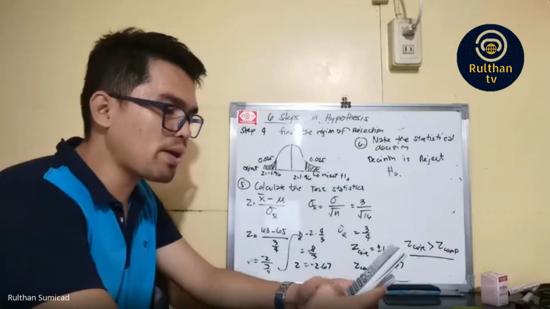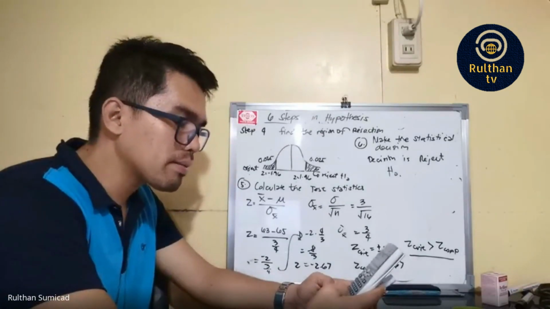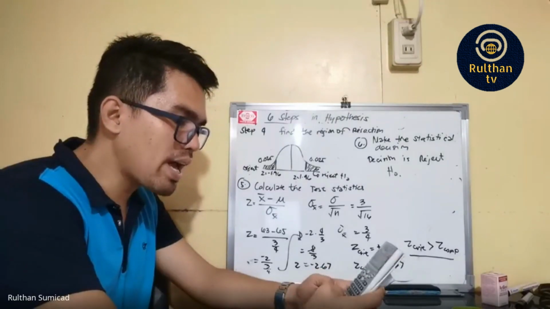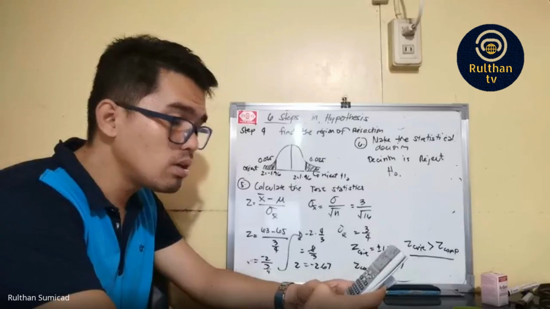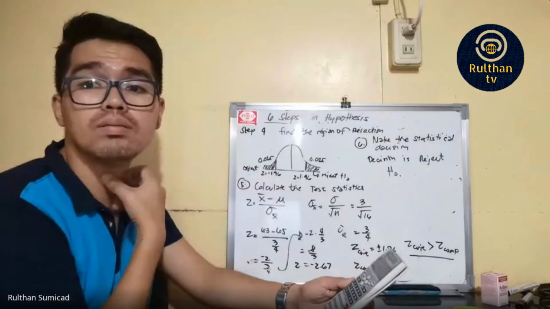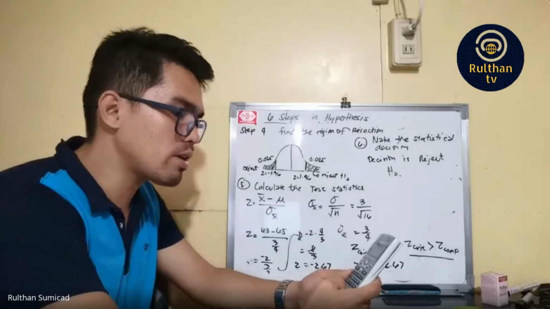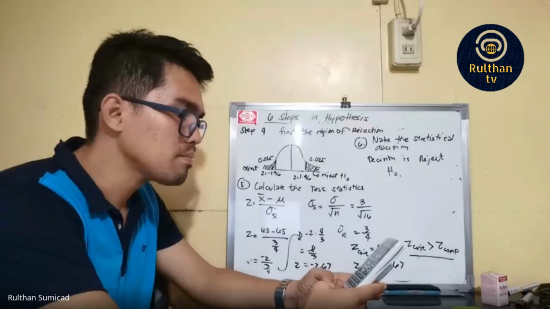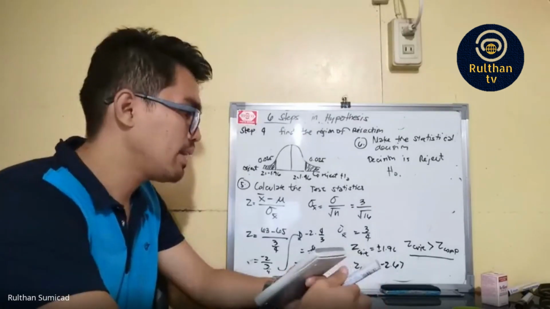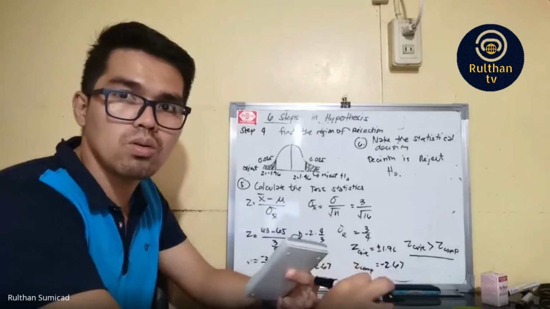Subtract that from 0.5. Wait, 0.5 minus 0.4972. Was it 7942? 4962, sorry. So that is 0.0038. That is our p-value.